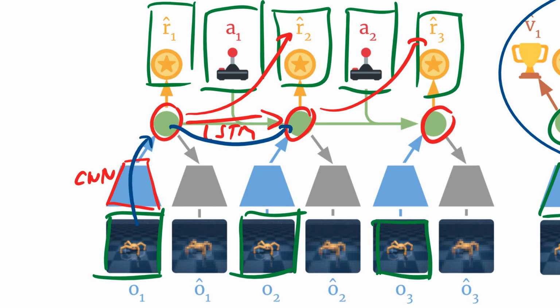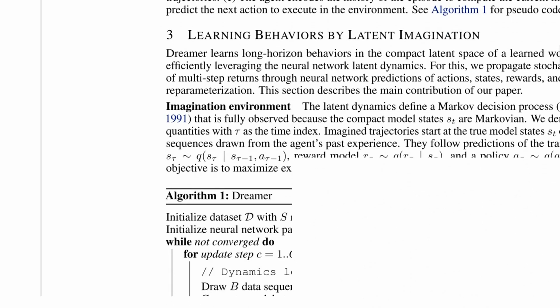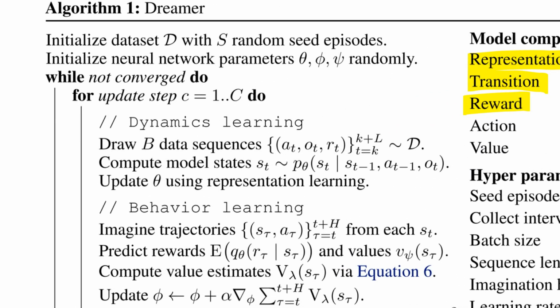And thirdly, you learn that if I'm in this hidden state and I take this particular action, I will get this reward in the future. Right? You can learn this from a set of experience that you have in your, let's say, replay buffer. This is one model. And you learn this here in this first step, called the dynamics learning section.